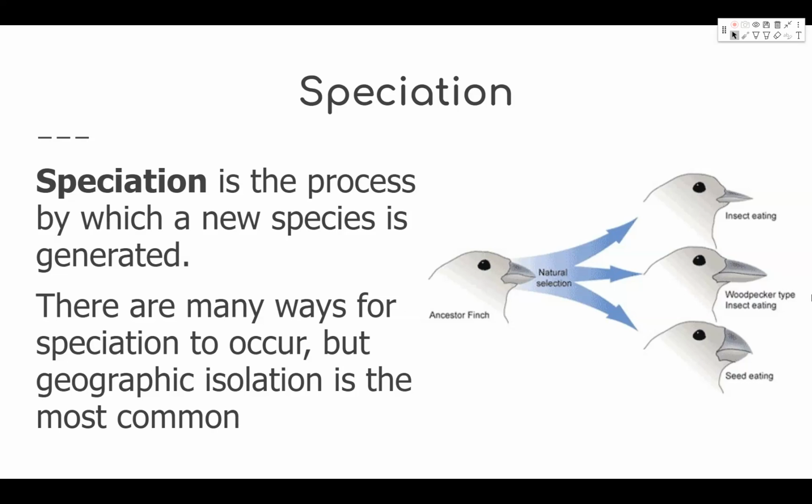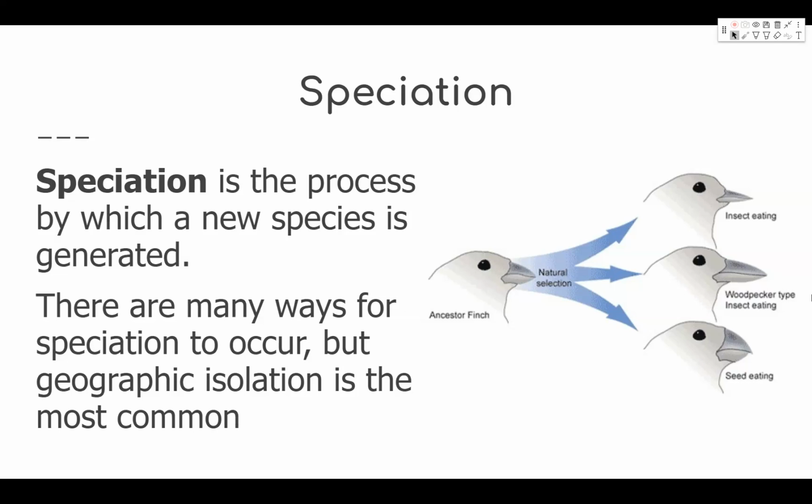And he proposed that at one point in time, there was one finch ancestor, and based on which island that ancestor flew to, and what foods were available on that island, different birds with different shaped beaks survived better and reproduced more. And this happened so often and over so much time that it led to all of these new finch populations. And there are a lot of ways for speciation to occur.